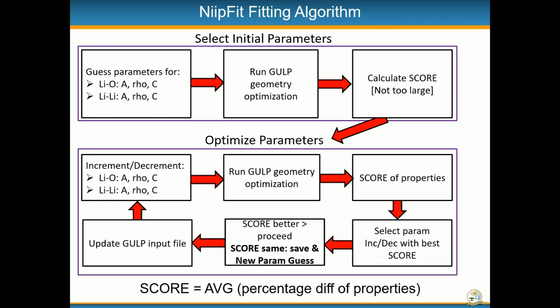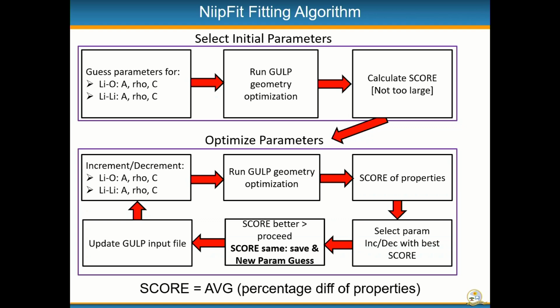Okay, and then after you get your decent initial parameters, you just optimize them. You take each parameter and increment it by some value. Run your geometry optimization. Okay, reset, and then you decrement it, and run your geometry optimization. Right? You do this for all the parameters, and then you compare which one gave the best score.